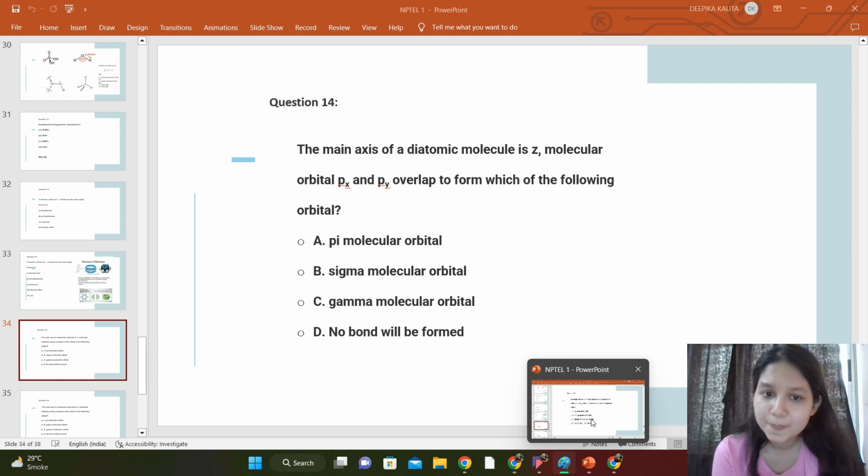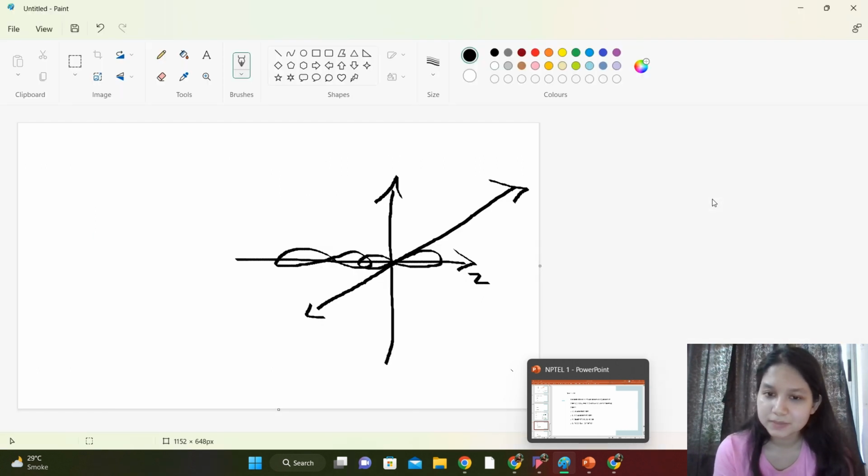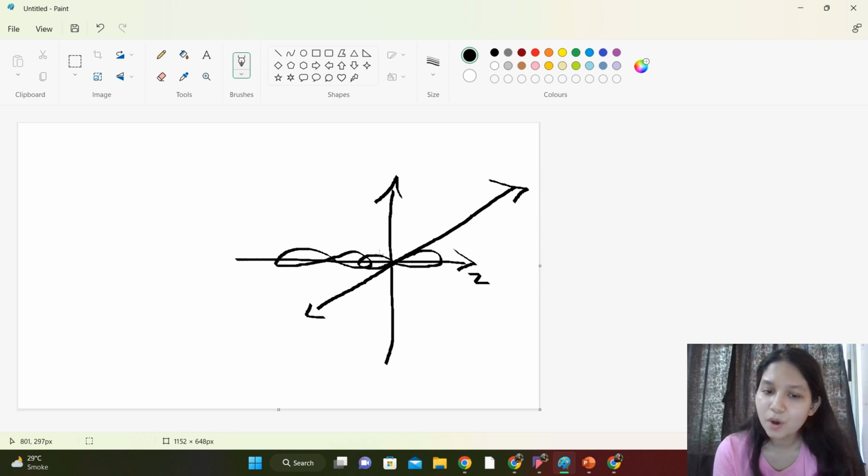So the question is, molecular orbital px and py will overlap to form which of the following orbitals? Whatever orbitals of the atoms combining are along y and x axis, will combine to give which type of interaction? Will it give sigma, or, for example, we have the y-axis of the two atoms which are undergoing combination to give us bonding here.